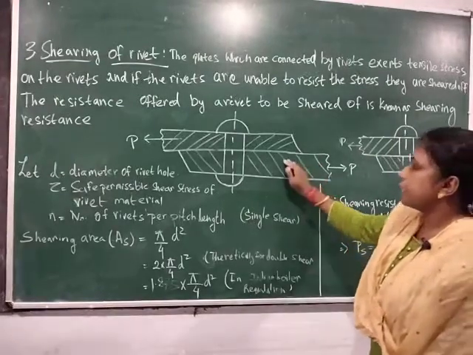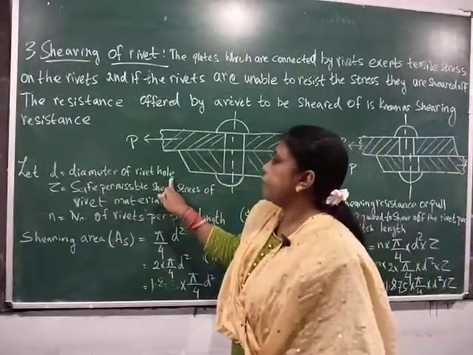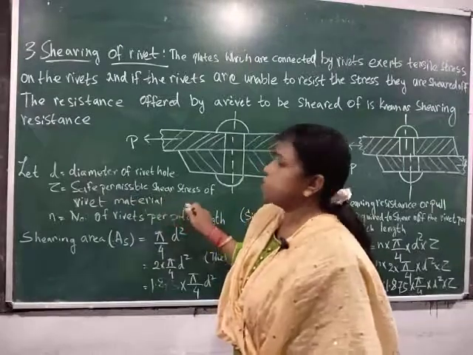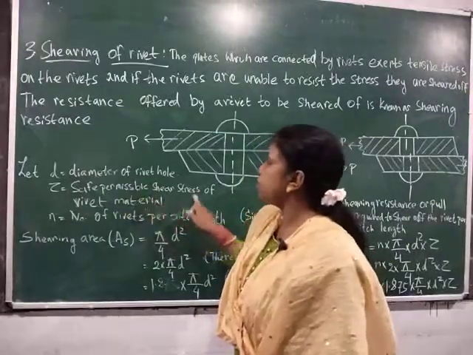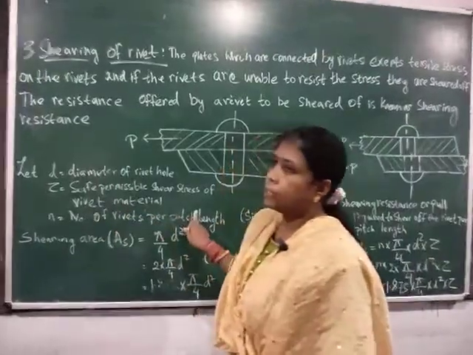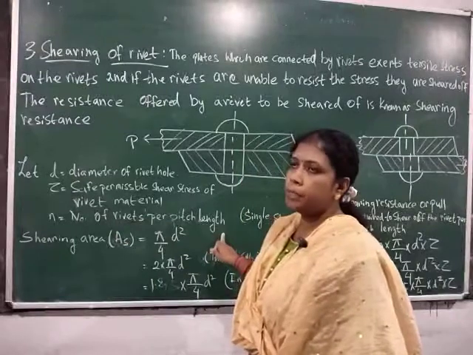So, in this case, let D is the diameter of rivet hole, tau is the safe permissible shear stress of rivet material. Next, N is the number of rivet per pitch length.